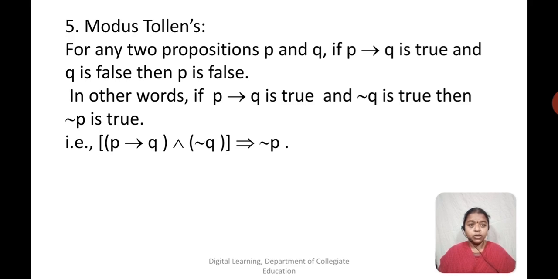So the first one remains the same, that is, P implies Q is true, and where we had Q is false, to make this true we write negation Q is true. Then negation P is also true. So in symbols, this is written as P implies Q and negation Q implies negation P.